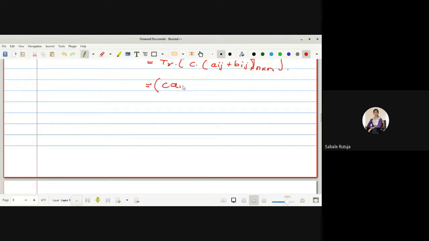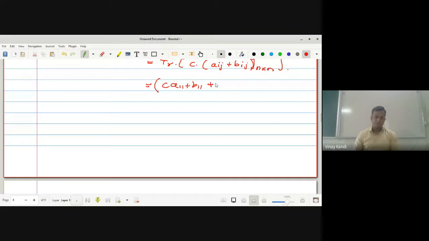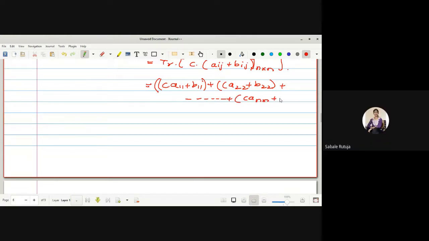C into A11 plus B11, plus C into A22 plus B22, plus up to C into Ann plus Bnn. Okay, so this is the trace of C into A plus B.